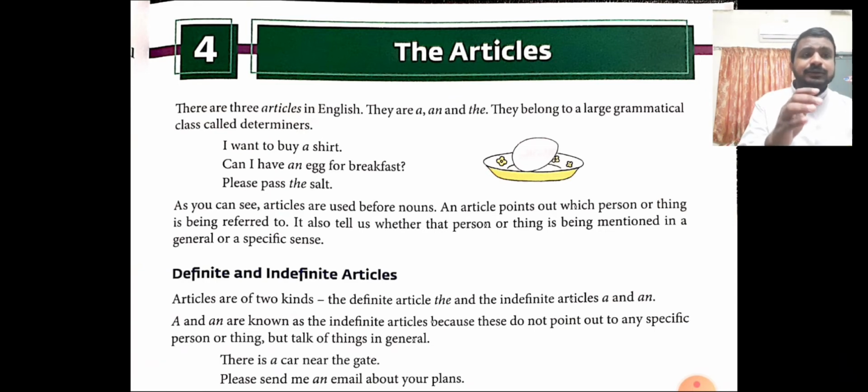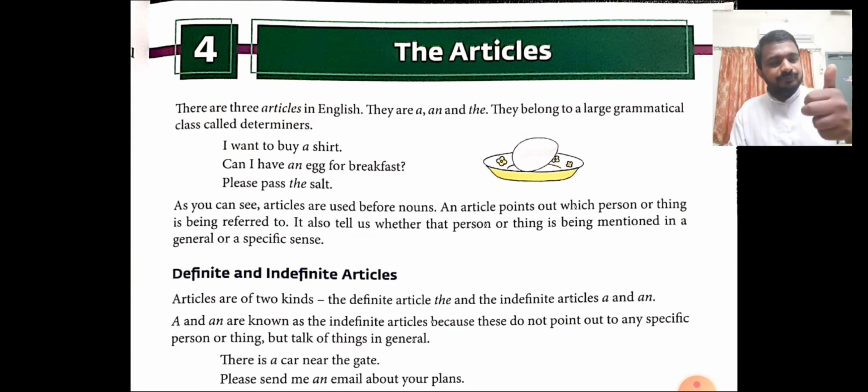First of all, as an introduction, you need to remember three things. First one is an article is being used before nouns. Second one is an article points out which person or thing is being referred to.